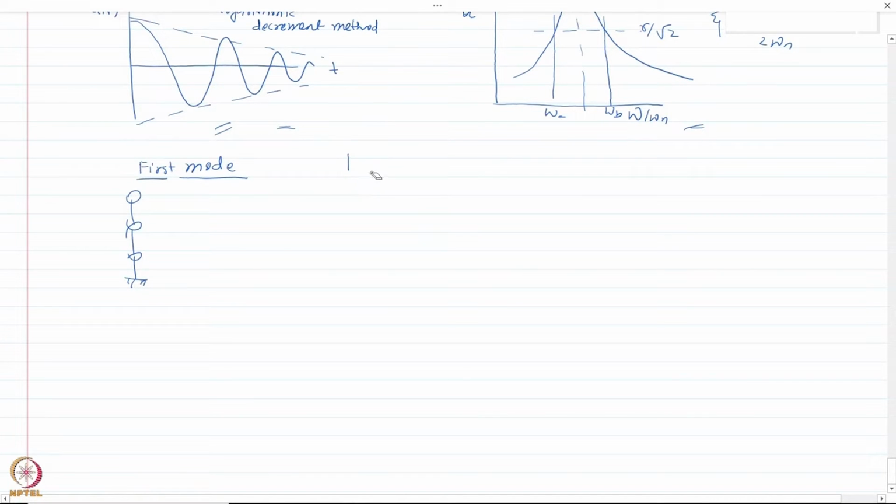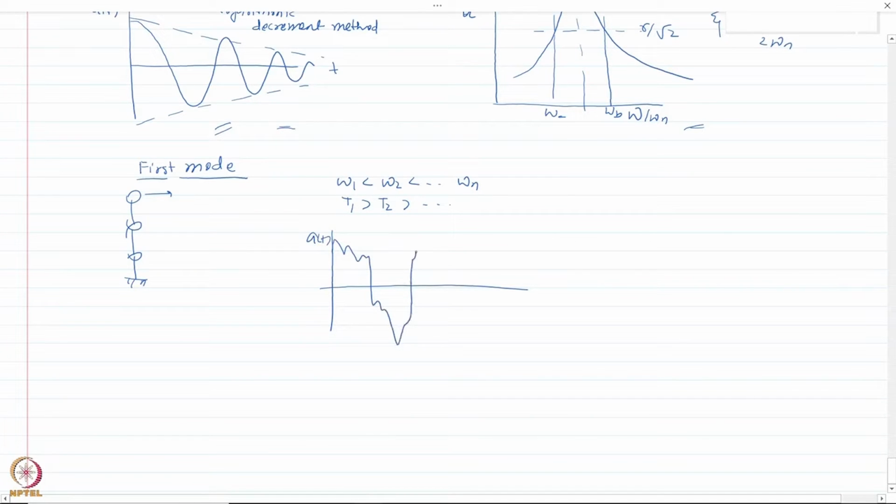So let me write it like this: omega 1 is less than omega 2, and so on up to omega n. So T1 is greater than T2, and so on. If I measure the response, let us say acceleration at some point, initially the response history is due to the contribution of all the modes. So it would be something like this.